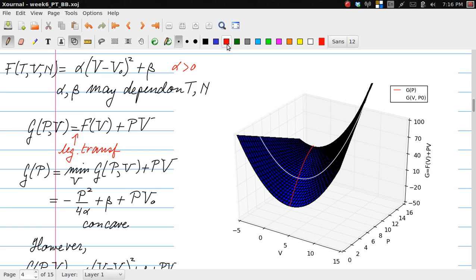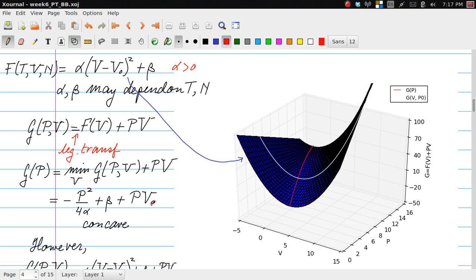Now the function f, you can find that here. This is the function f. It's the same as the function here. When we take P is 0, then we find f. So I can identify the boundary of this surface with the function f. Now considering the function g, which depends on P, that is the red curve.